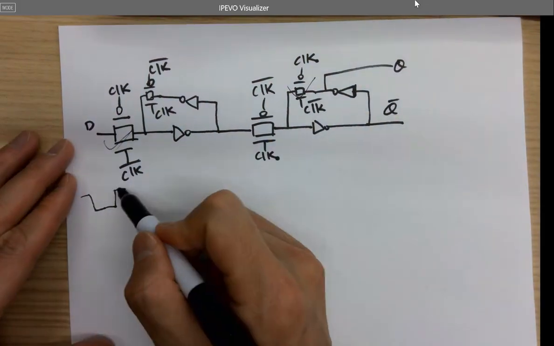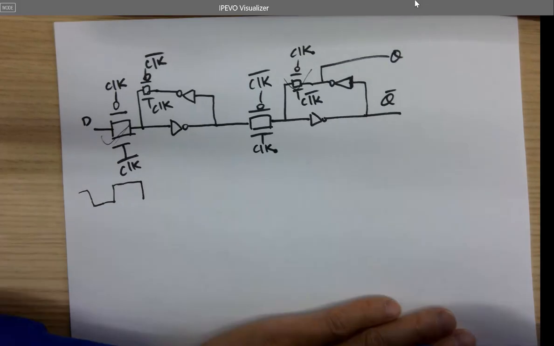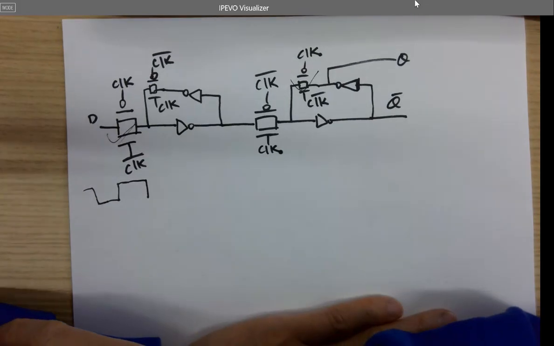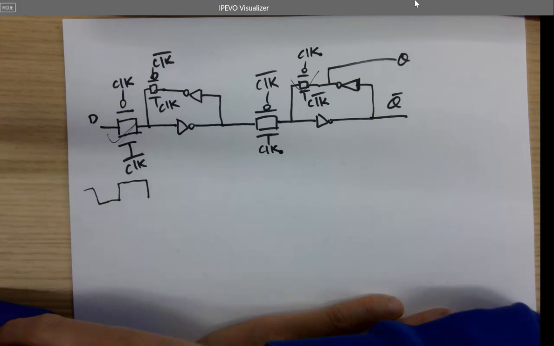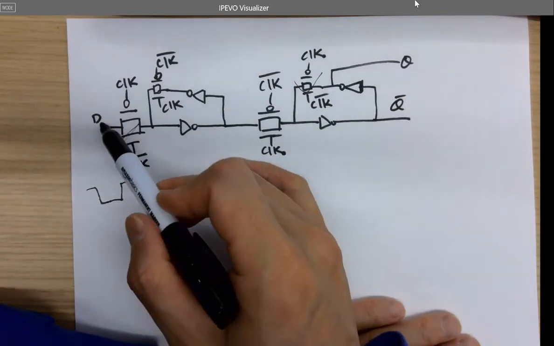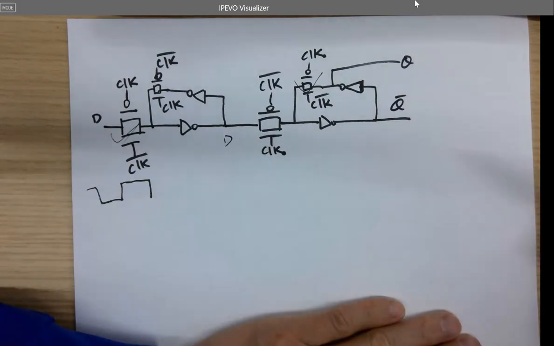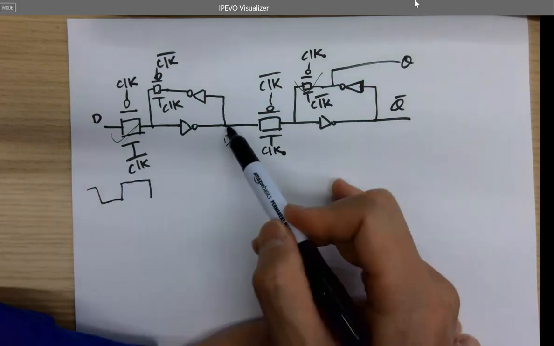So when clock is low, it stores the data over here, and also it passes D and stores it here temporarily, right? When clock is low, this will arrive here.